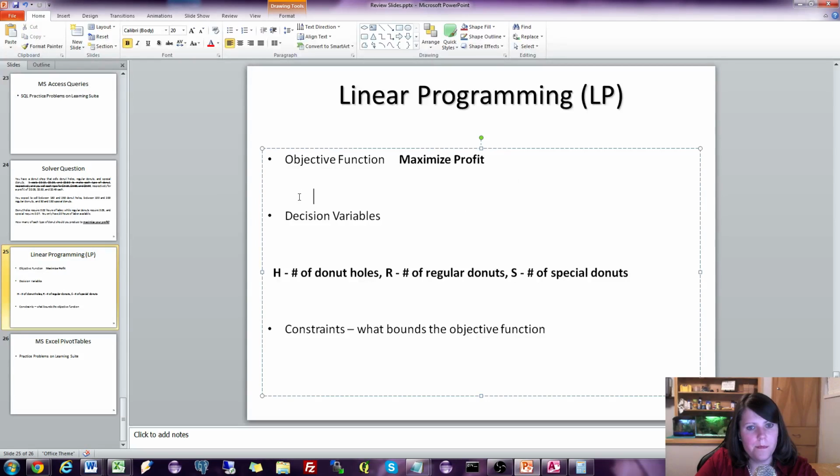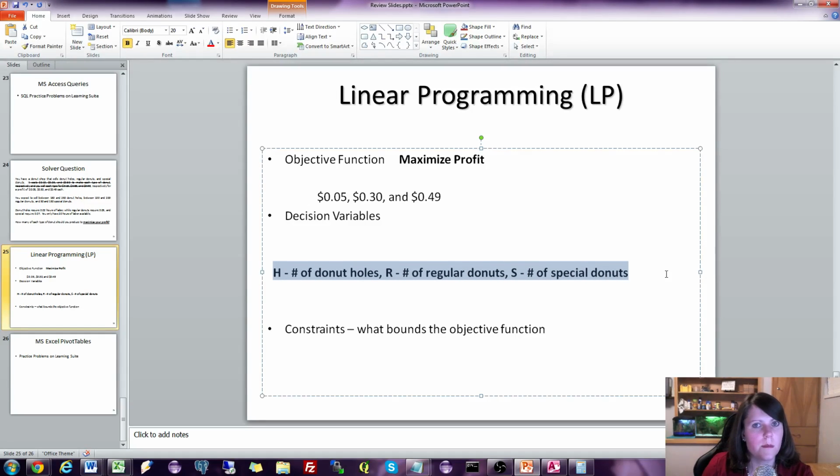On your spreadsheet, you'll have cells that represent the number of things made, maybe the number of things sold, the number of inventory that you have. These are going to be your decision variables, the things that change. So profit in our case is going to be the number of donut holes times the profit, so 0.05 times H, plus the number of regular donuts times its profit, so 0.3 times R, plus the profit of the special donuts times the number of special donuts.